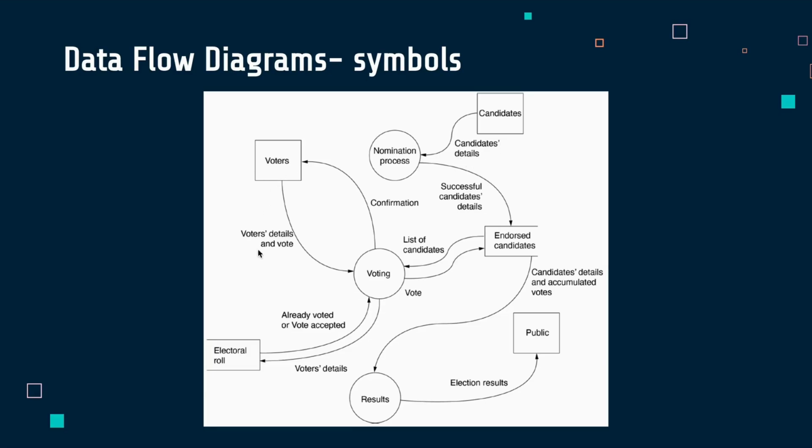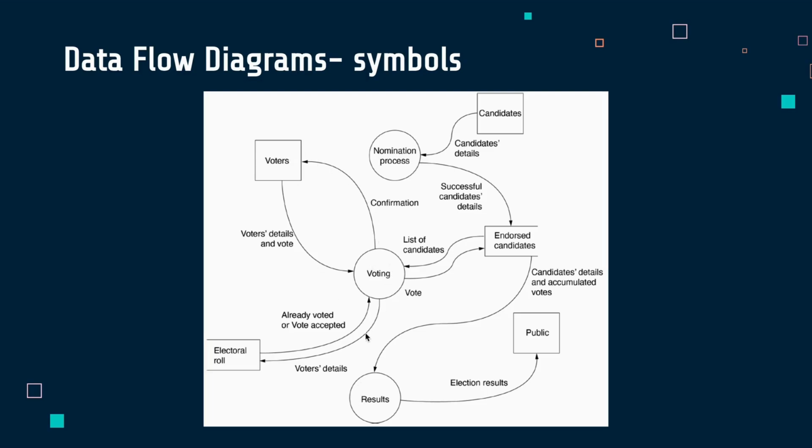The voters then put in their data, which is details and votes. It goes into a voting process. Their vote goes and connects to the endorsed candidates database. The endorsed candidates then send back a list of available candidates to the voting process that the voters can actually vote for. They vote with a confirmation coming back out of that.